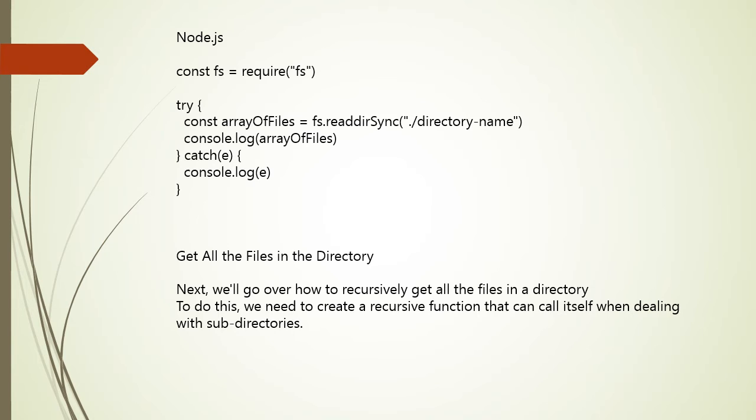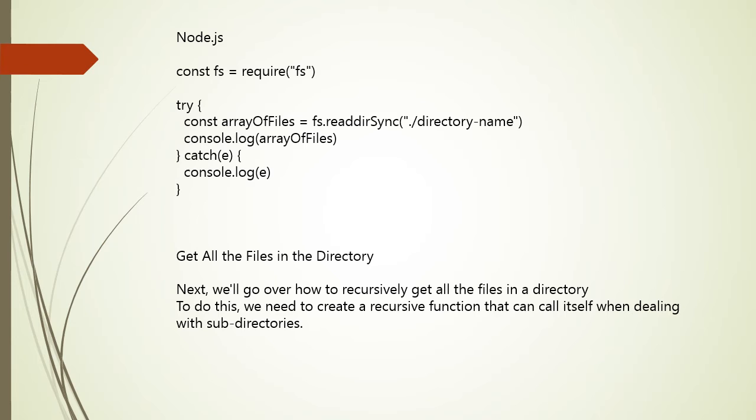So consider what's happening over here. Since fs.readdirSync is a synchronous function, we wrap our code in a try catch statement to help manage our code and catch any errors that might occur.